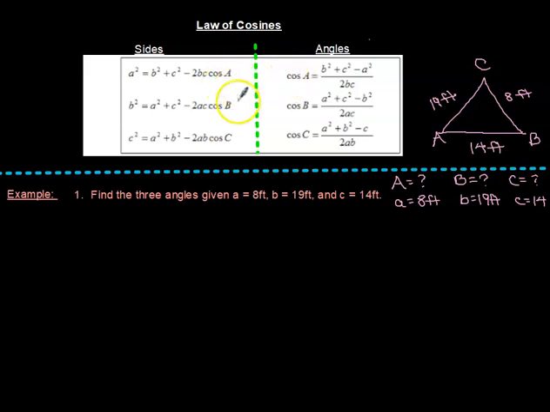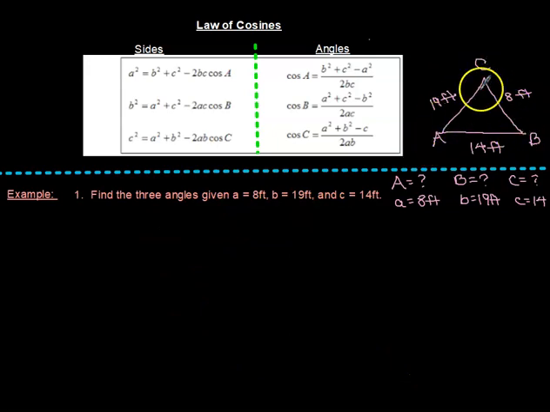So that's really just 3 formulas, and they're just manipulated to get the angles on the other side. So for instance, if you look at side B's formula, if I move everything to the other side of the equal sign and just get cosine of B by itself, that would be angle B's formula. Same thing with C.